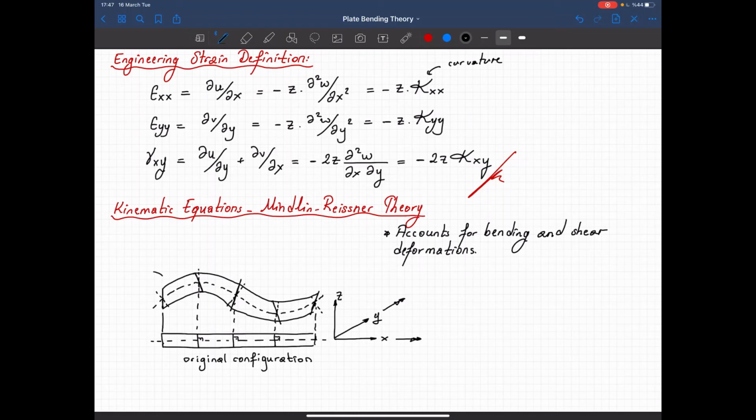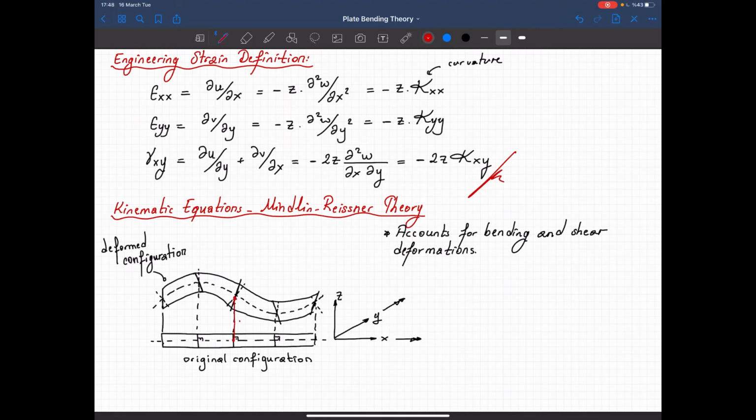And this is the deformed configuration. Now let's take a look at this material axis.